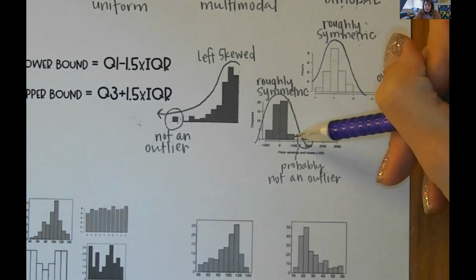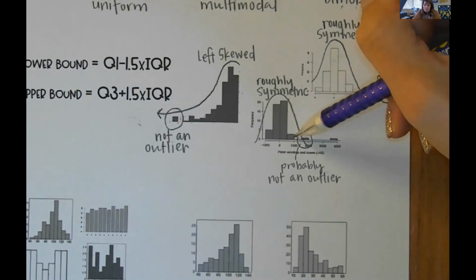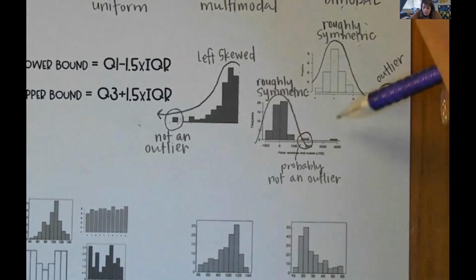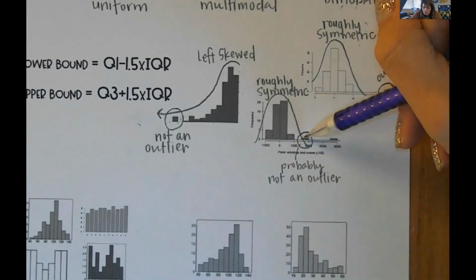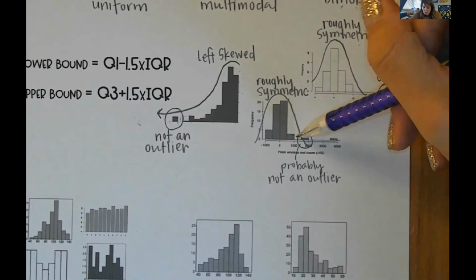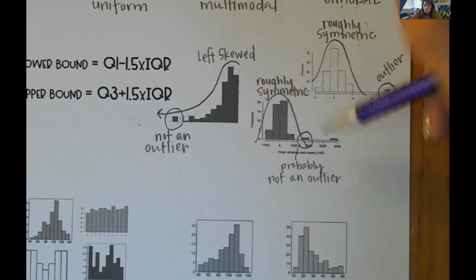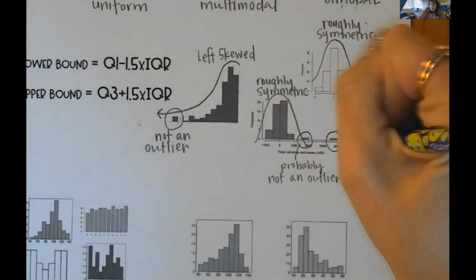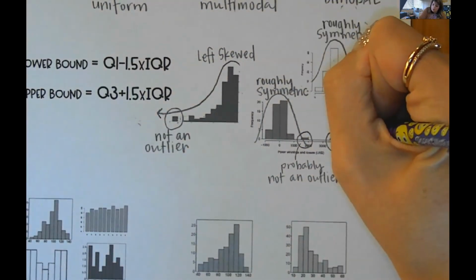There's only a gap of one empty bin between the rest of the data and this data value. But then 3 bins away, well, this scale is weird, so I guess we wouldn't really know how many bins away it is, but it looks like 3 to me. 3 bins away is an outlier.